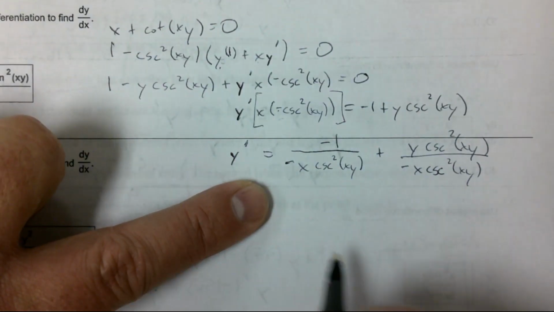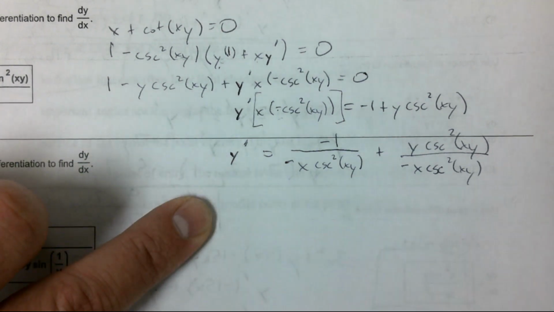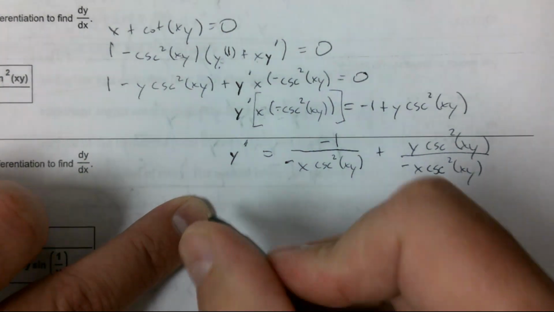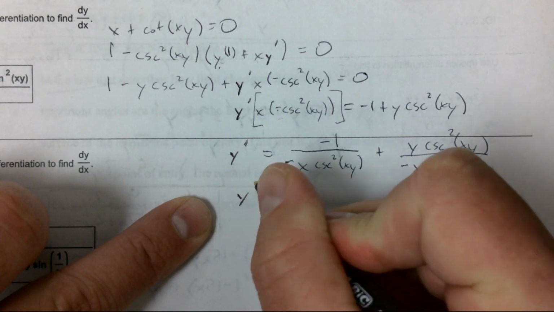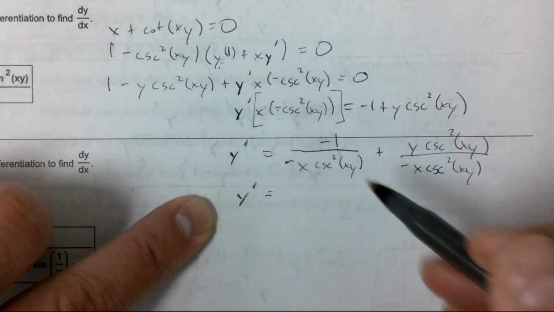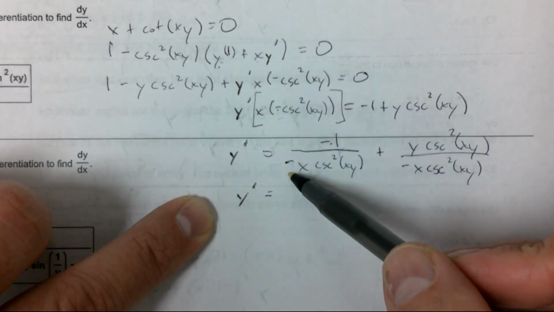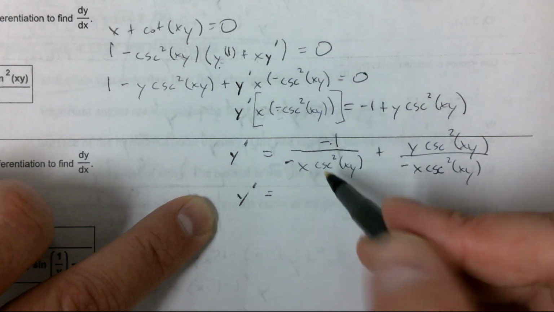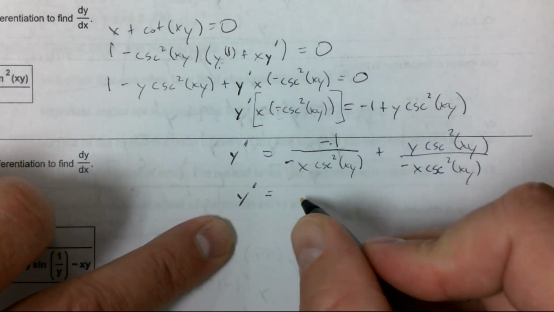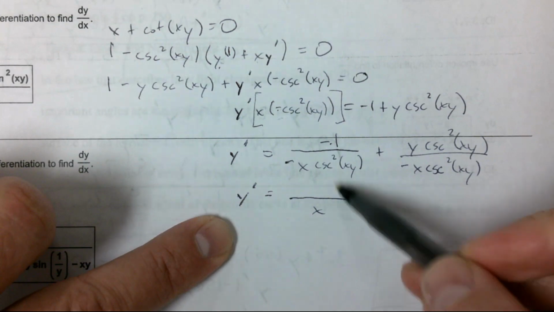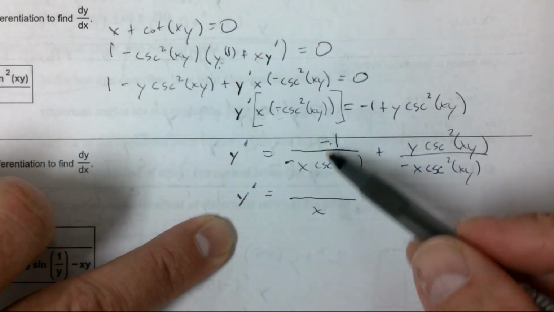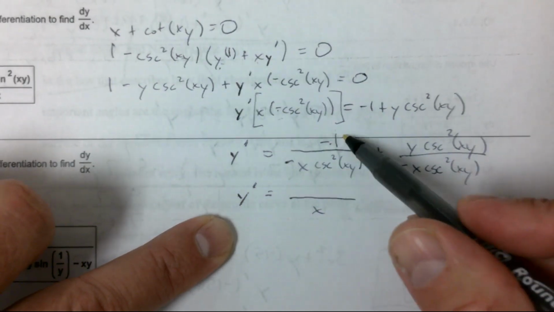Okay, now we need to clean it up and cancel. A negative divided by negative is a positive, and I'll just keep this as x in my denominator. Now, when you flip cosecant squared to the top, it turns into sine squared.